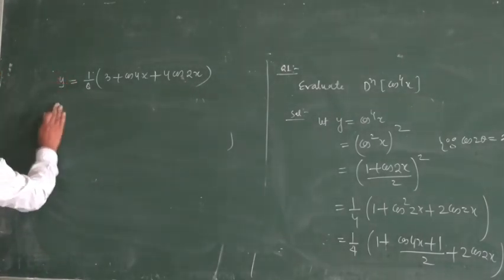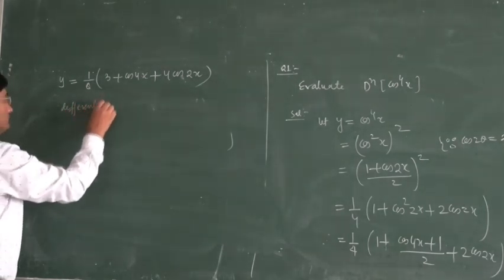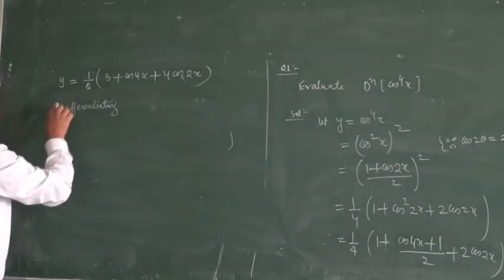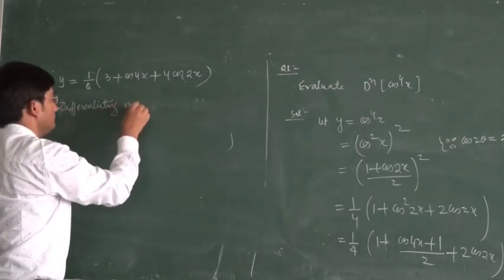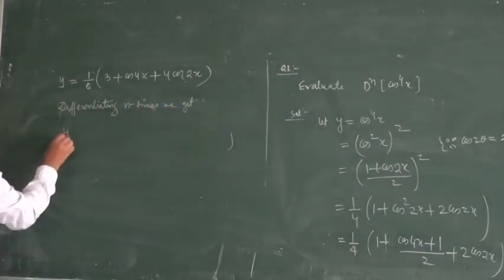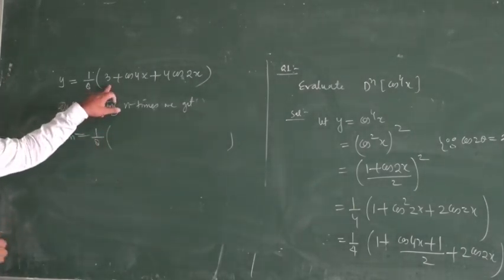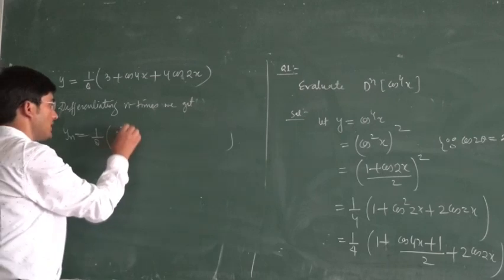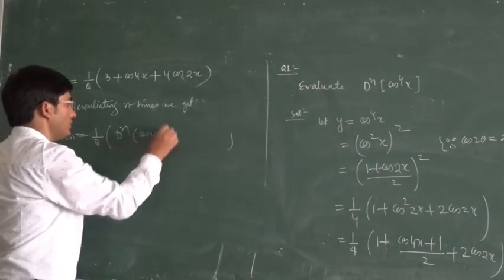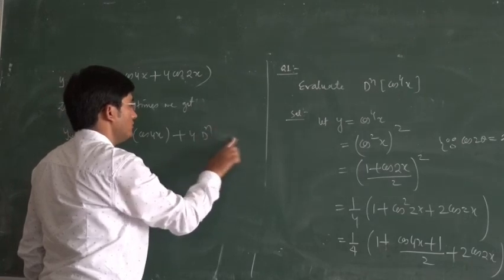Now your yn, differentiating n times, we get yn equal to 1 by 8. Now the nth differentiation of this 3 will be 0. So we will have nth derivative of cos 4x plus 4 times nth derivative of cos 2x.